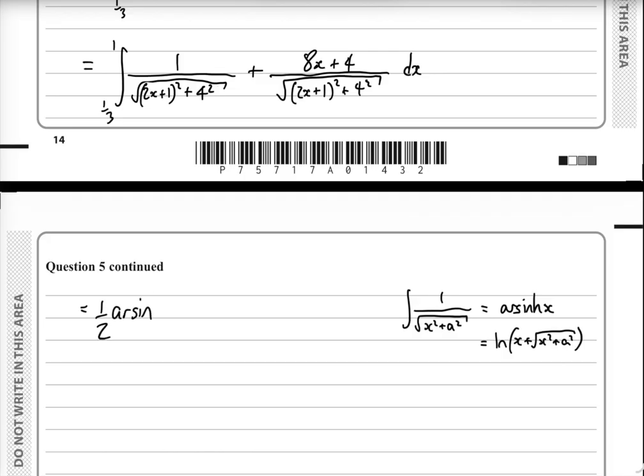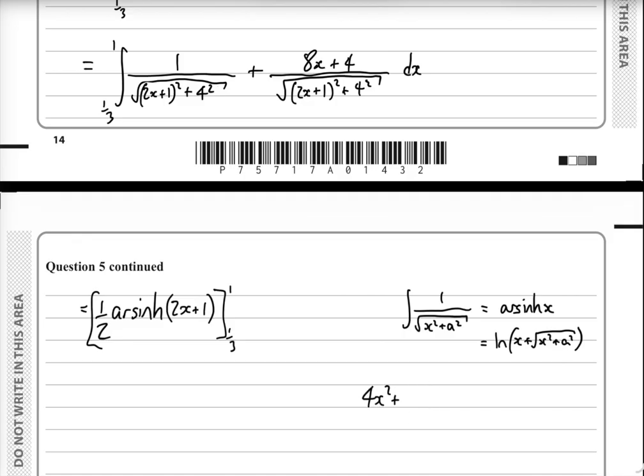Our arsinh of 2x plus 1, like that, going from 1/3 to 1, but then we've still got this other part to go. That 8x plus 4 is close to, or certainly of the form, this thing here differentiated. So I wonder if I take, oh, maybe it's not so helpful writing it like that this time.